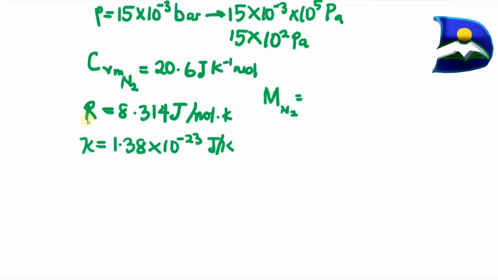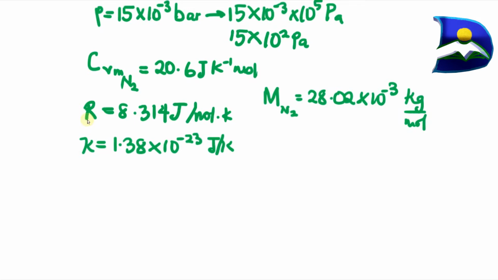Take note that the unit is grams per mole. We need to convert it to kilograms per mole, so we multiply by 10 to the power of -3, giving 28.02 times 10 to the power of -3, measured in kilograms per mole.